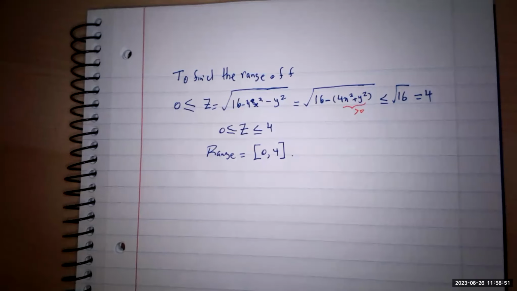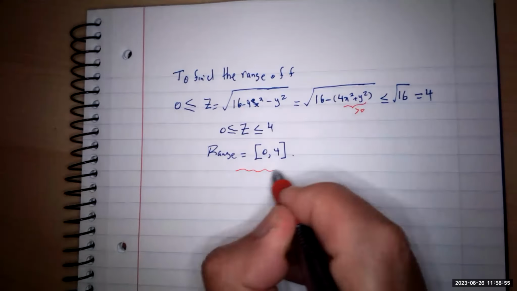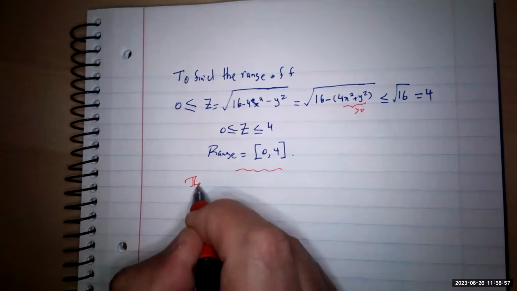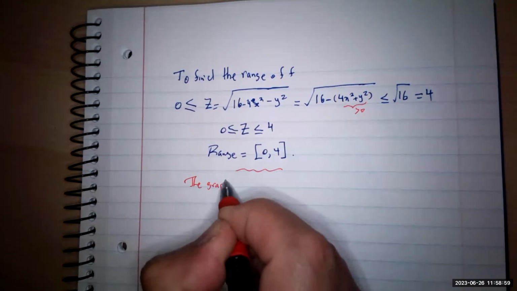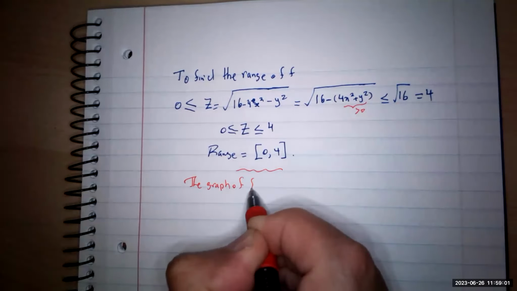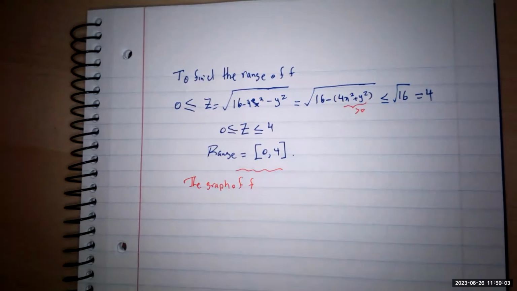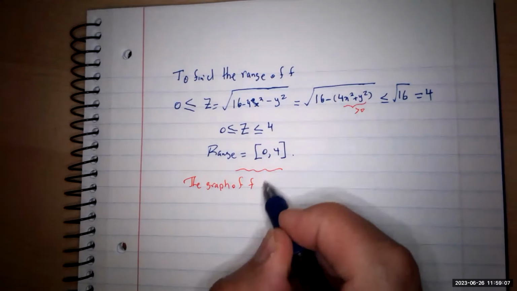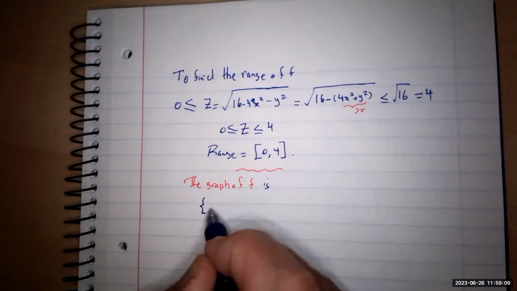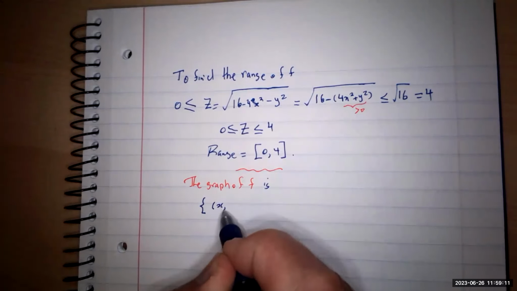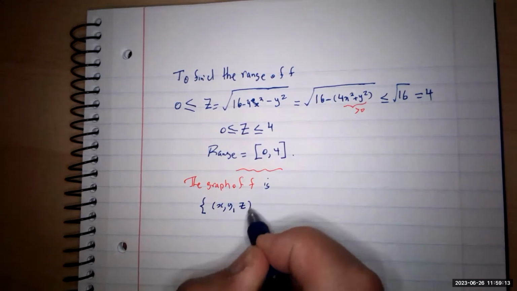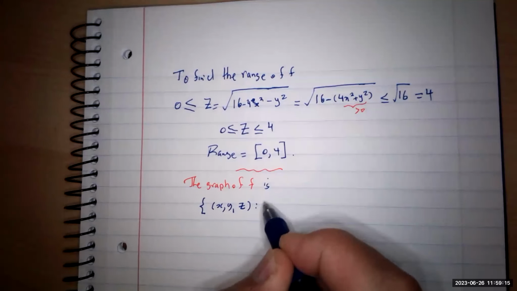And now the description of the graph. Okay, so the graph of f. To get the description of the graph, it's going to be a collection of points (x, y, z) that satisfy the condition that we have.